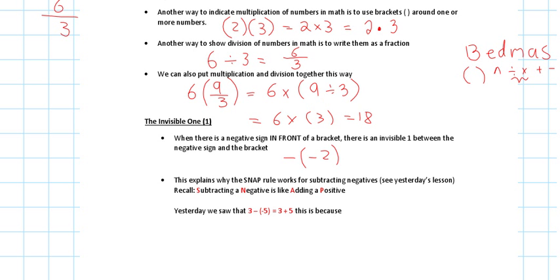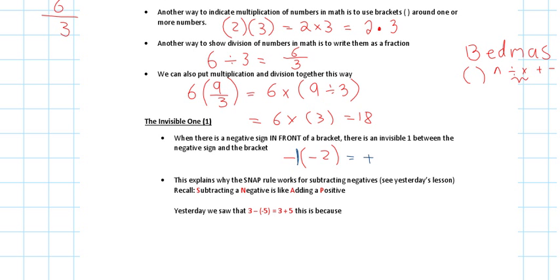Now, why is this like that? It's because technically there is an invisible 1 right here, and technically you're doing negative 1 times negative 2. What's negative 1 times negative 2? It's positive 2. Because negative times negative is positive, and then 1 times 2 is 2.